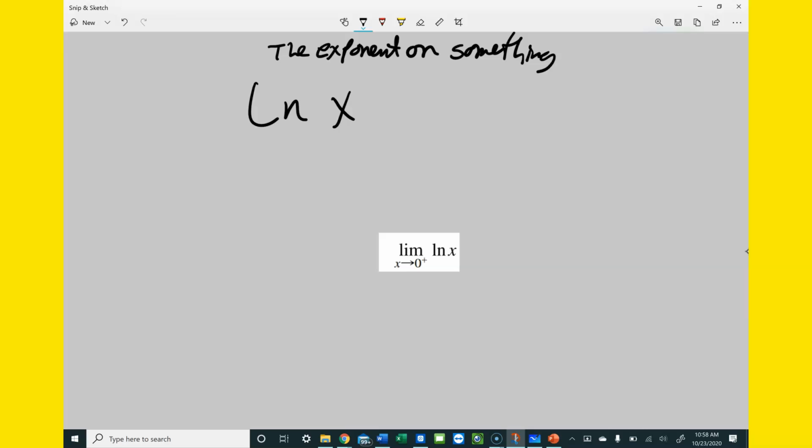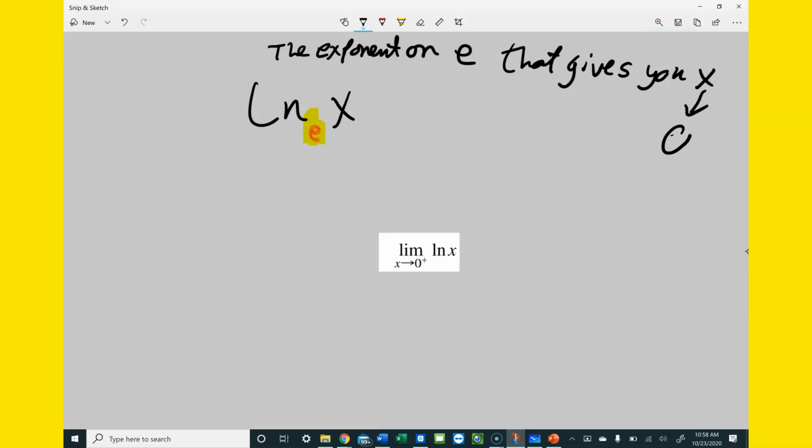Here it's the exponent on what's understood. What's the understood base right here? The understood base right there is e, right? That's what ln means. So here it means the exponent on e that gives you x, or in this case, that gives you 0.